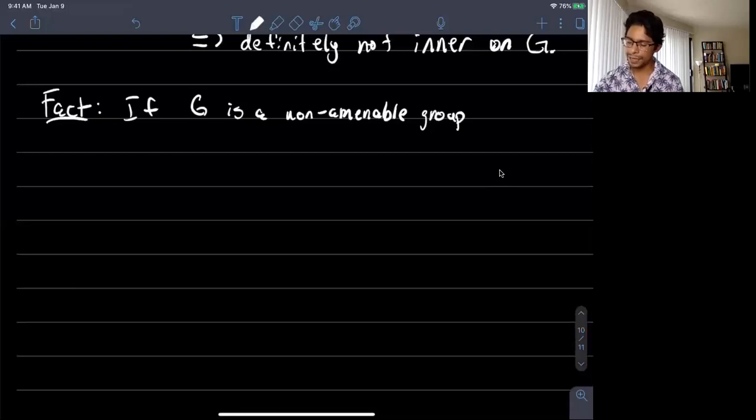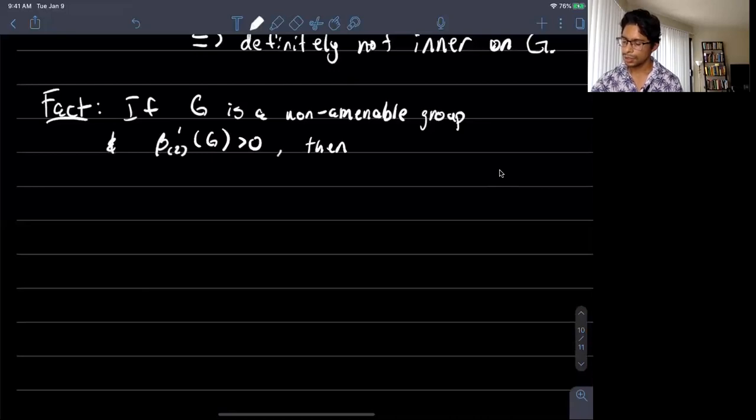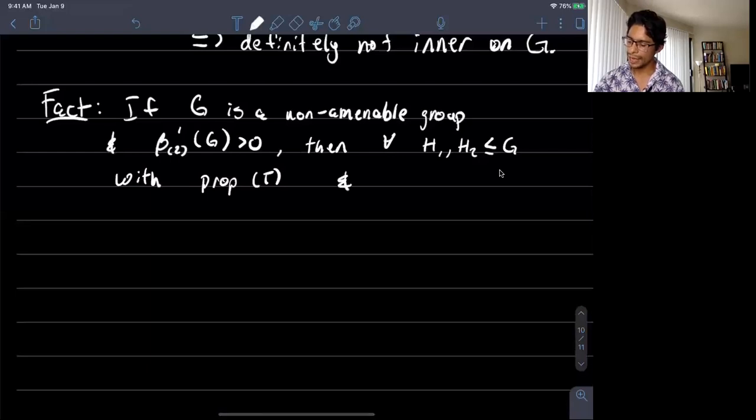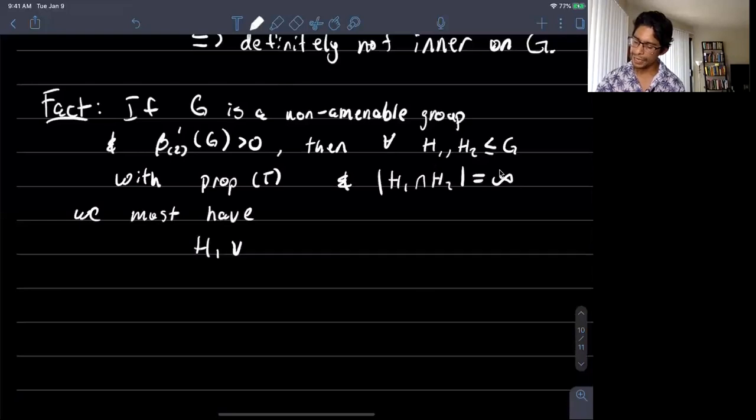If G is a non-amenable group, and you know that its first L2 Betti number is positive, then for any pair H1, H2, subgroups of G with property T and with large intersection, we must have that the group you generate using these two subgroups is a strict subgroup of G.